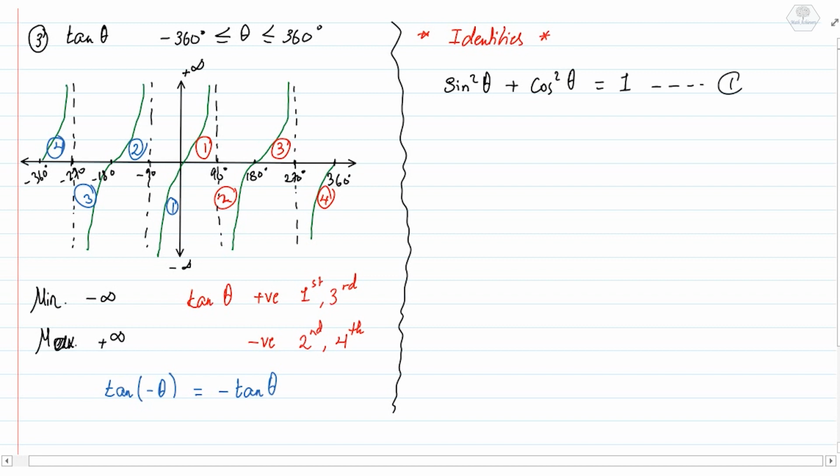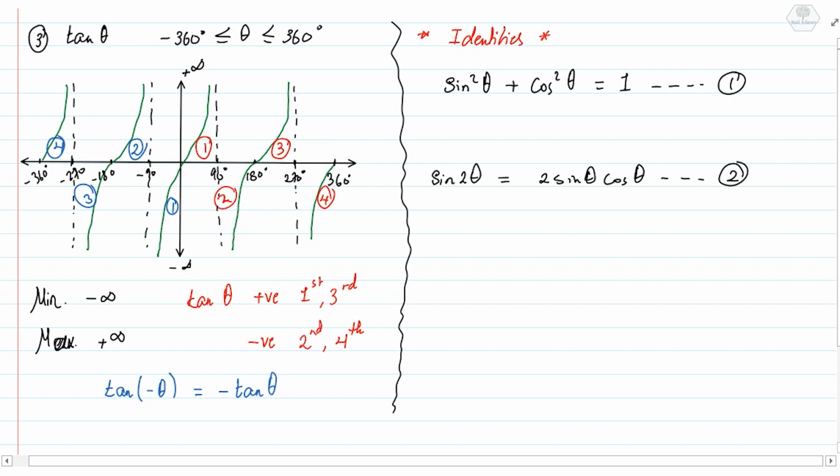This is our first identity, and it's the most important identity that we have to know. Another identities we have the double angle identities. We have sine 2 theta is equal to 2 sine theta cosine theta. This is our second identity.